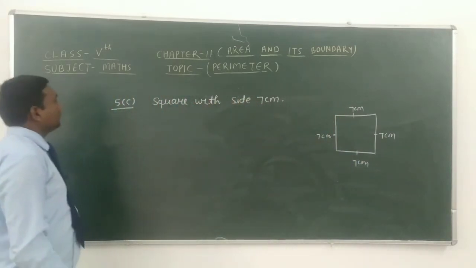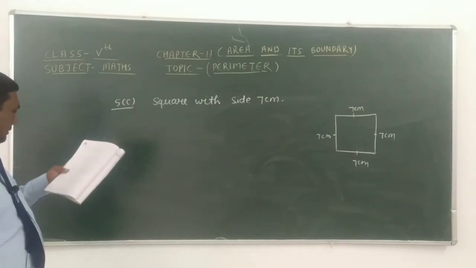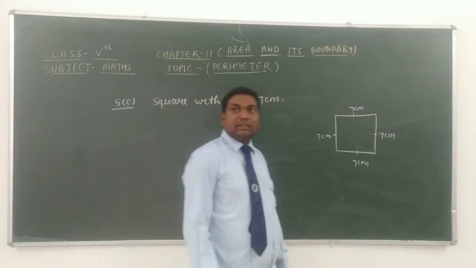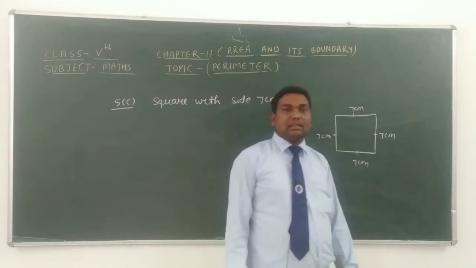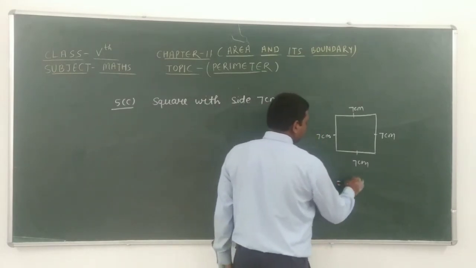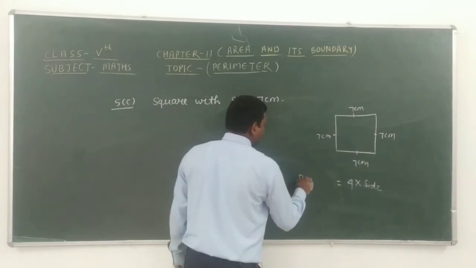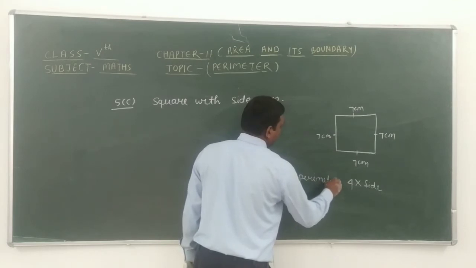It means that dear students, we know that the perimeter of a square is equal to 4 into side. Perimeter of a square is 4 into side.